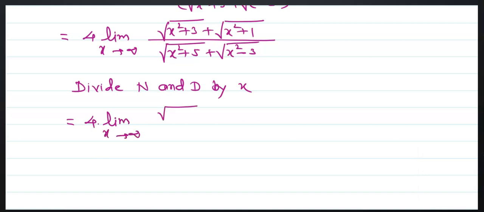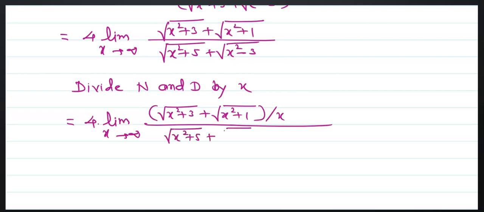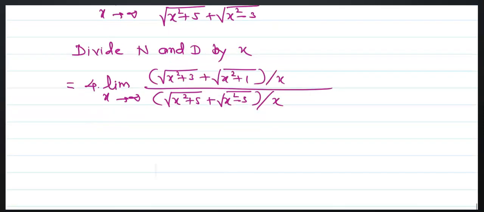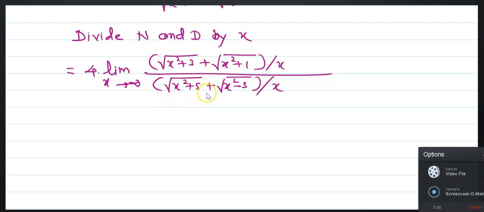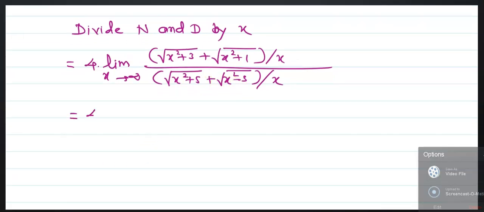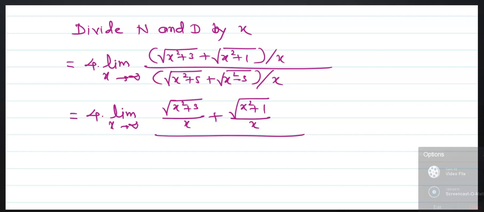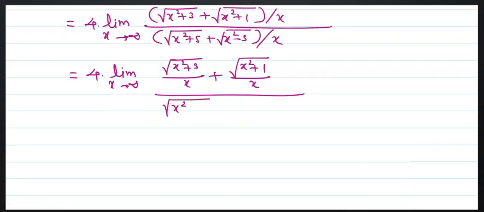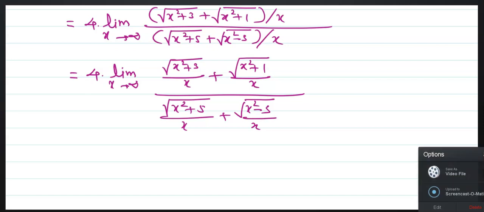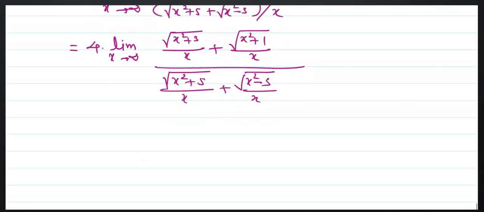Limit x tends to infinity of root of x square plus 3 upon x plus root of x square plus 1 upon x, over root of x square plus 5 upon x plus root of x square minus 3 upon x.